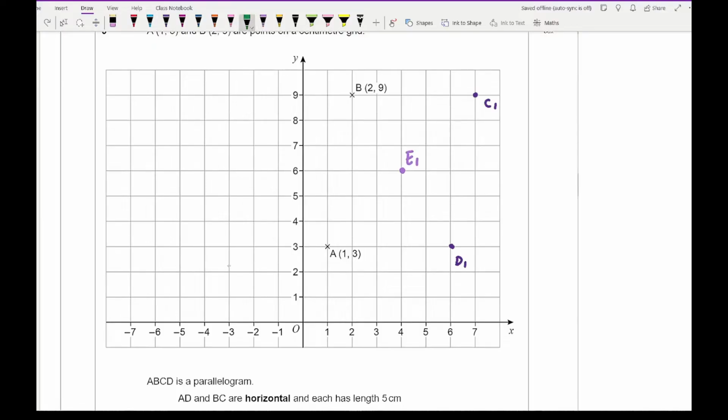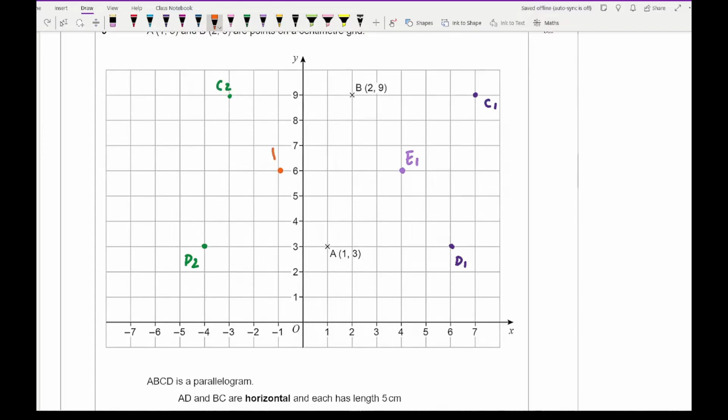However, if D was on the other side, so we count 1, 2, 3, 4, 5, and let's call that D2, and therefore B is going to be 1, 2, 3, 4, 5 here, and let's call that C2. Then the E point for C2 and D2 is going to be at minus 1, 6.